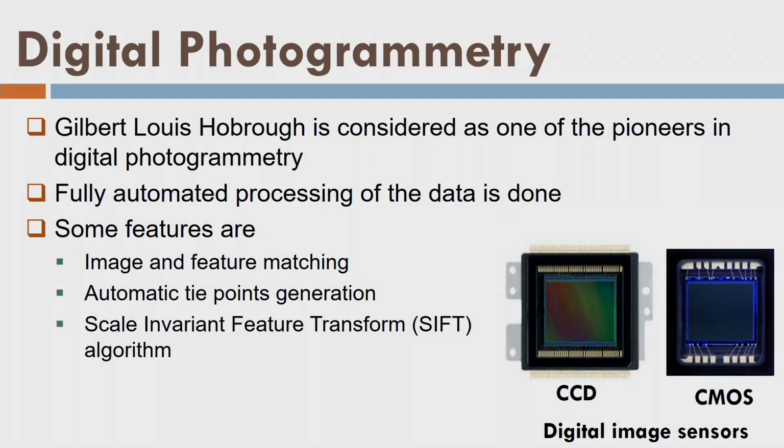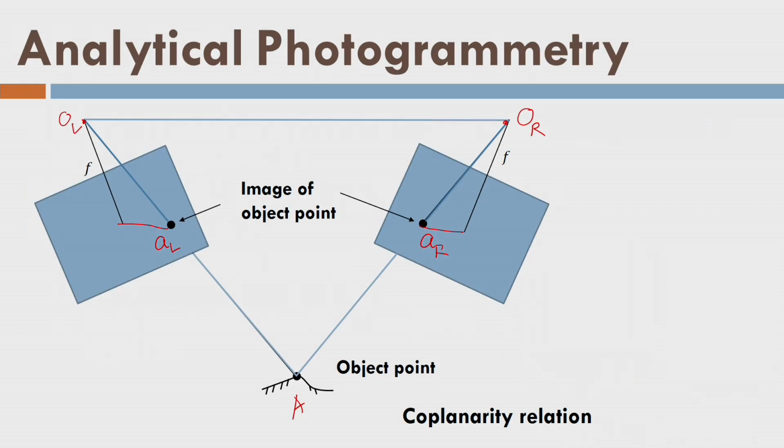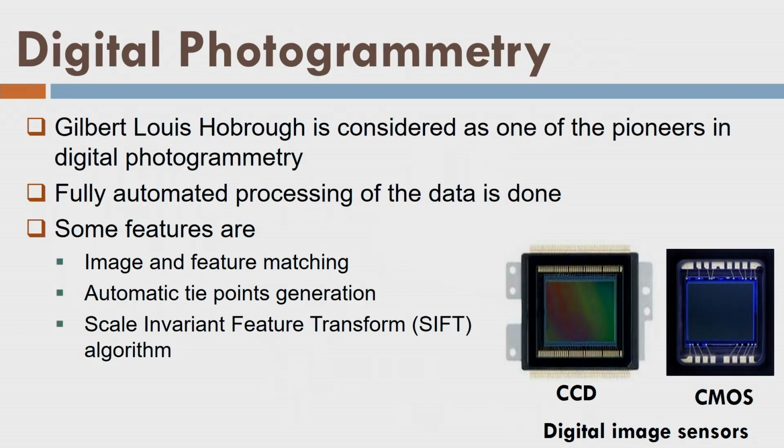Okay. Now, let us divert to the types of photogrammetry, or rather we are still on the development phases of photogrammetry. Now we are talking about digital photogrammetry after analytical photogrammetry. In digital photogrammetry, only the sensor has changed. Earlier we used film based cameras, now we have a digital computer and a digital sensor, which is my digital camera.